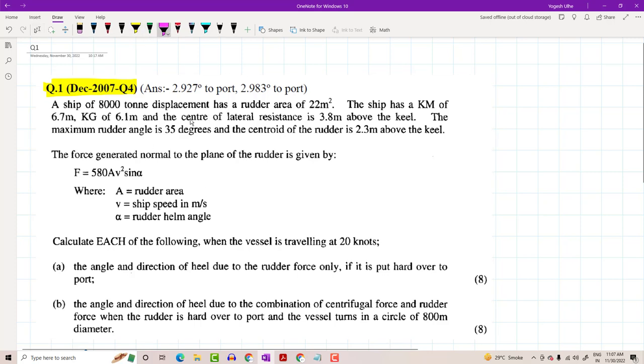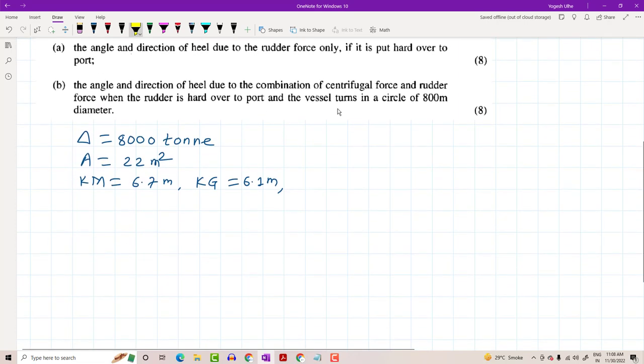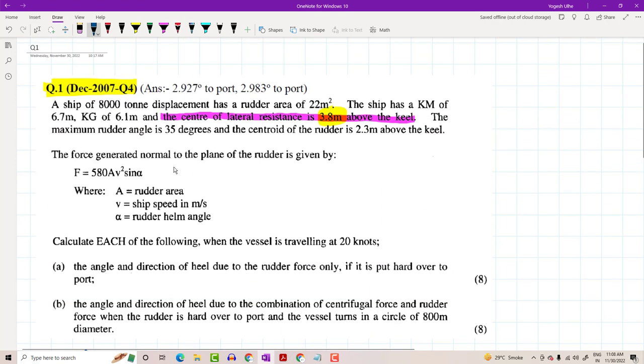See this wording, guys: the center of lateral resistance is 3.8 meter above the keel. So that is our KL. I will explain with the help of a drawing what it means, don't worry. So KL is 3.8 meter.